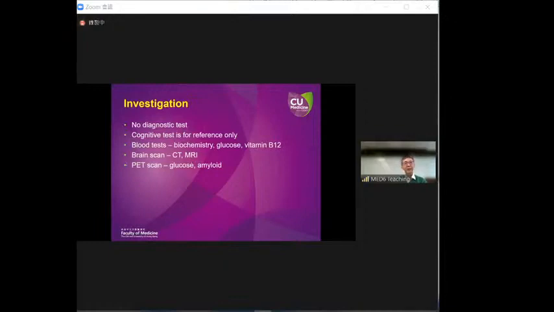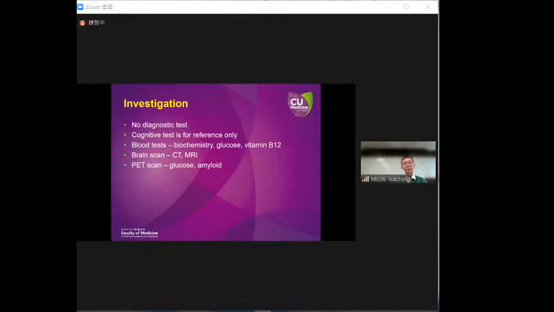The definitive test, a more accurate test, is the PET scan. There are two components. One is glucose, because if you have brain degeneration, the parts of the brain affected by brain degeneration will not utilize glucose properly. So you will have areas of the brain which do not metabolize glucose.